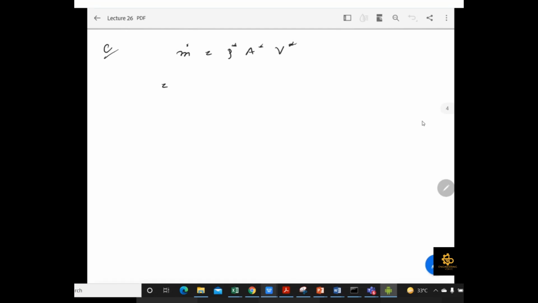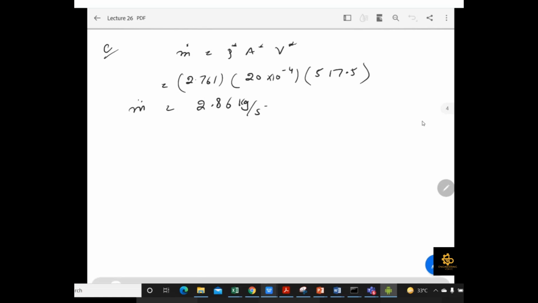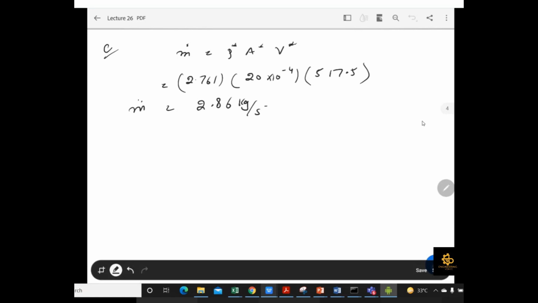Rho star is given to us, that is 2.761, which we have already found in part A, and area star is mentioned in the problem statement, 20 into 10 raised to power minus 4, and V star is 517.5. If you multiply it, you will get 2.86 kg per second of mass flow. So this is your part C. It is a very simple question. If you have any question, you can ask me, and then we move to the next question.